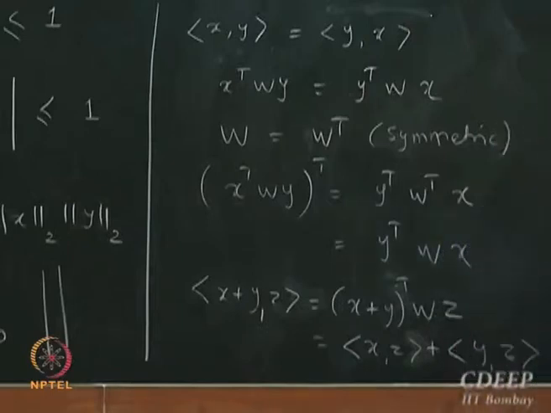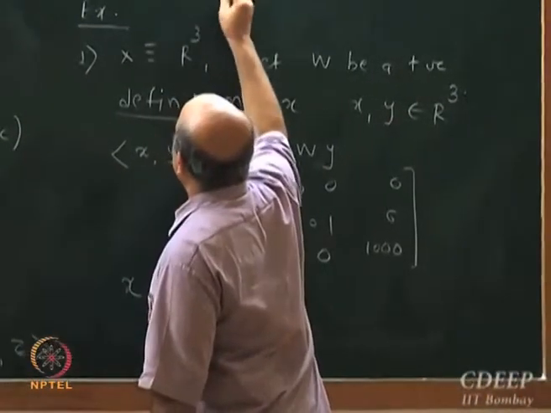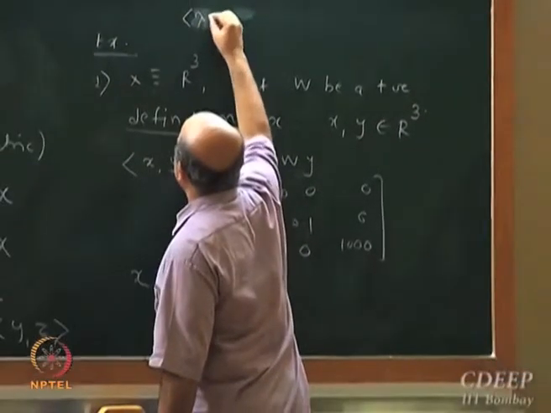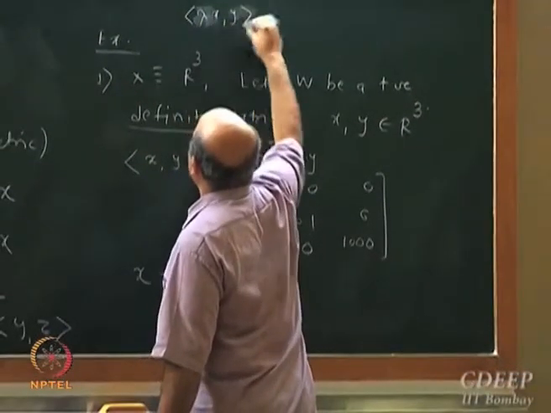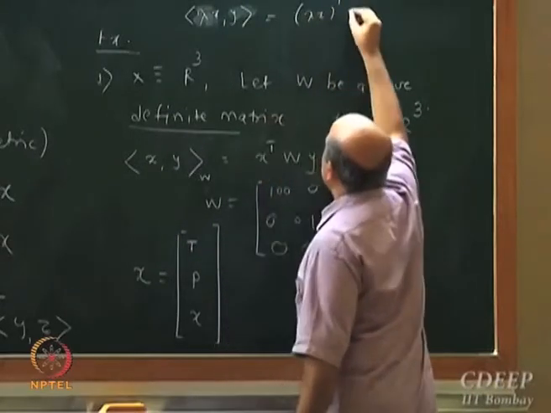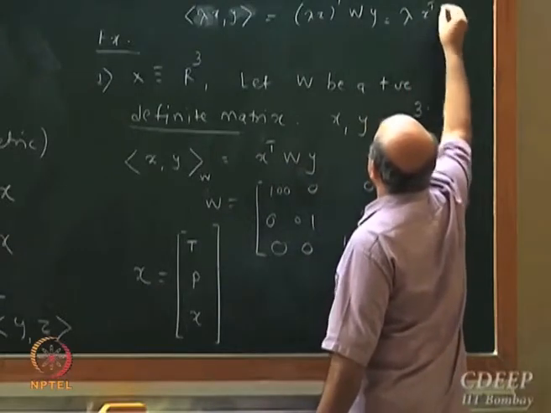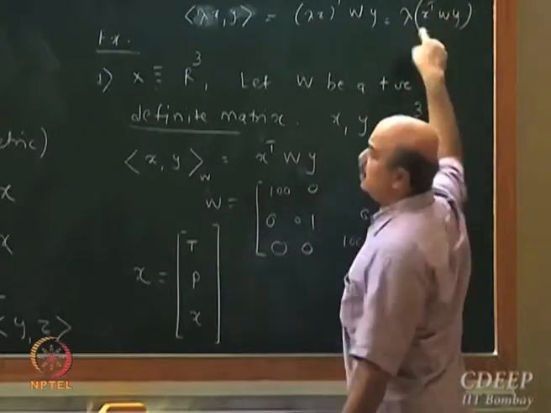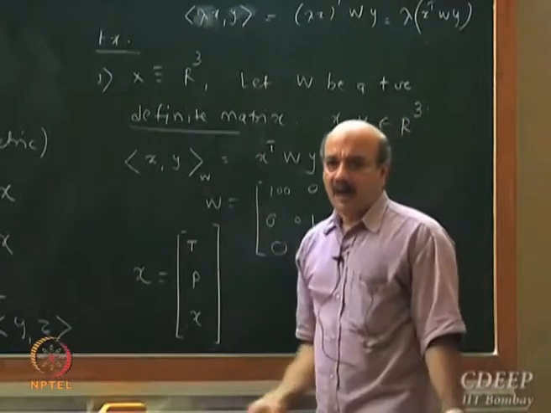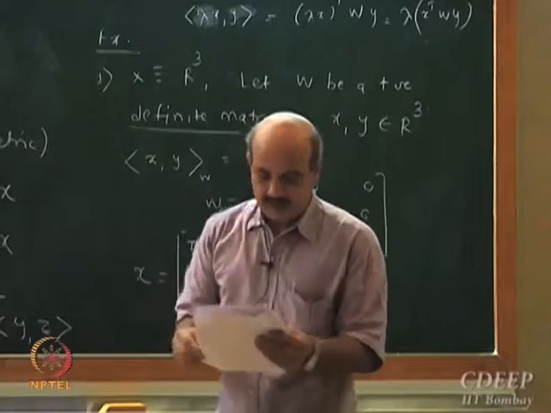So the third property is very, very obvious, that is lambda times the inner product of X and Y is lambda X transpose WY. Okay, I don't have to take complex conjugate because we are working with real numbers.